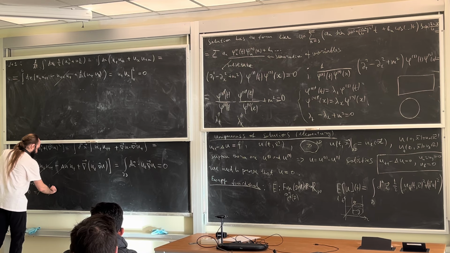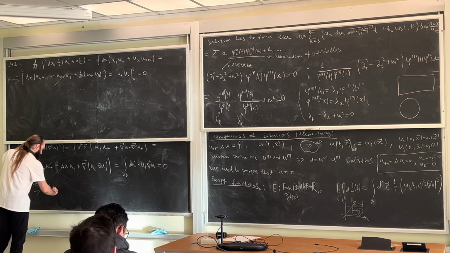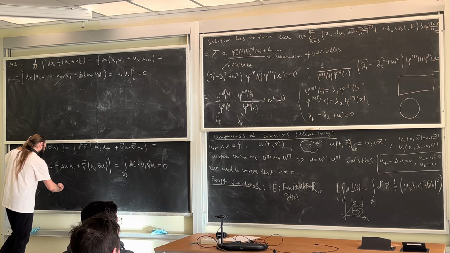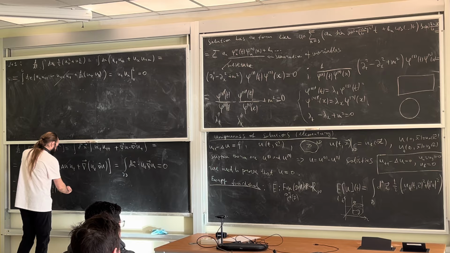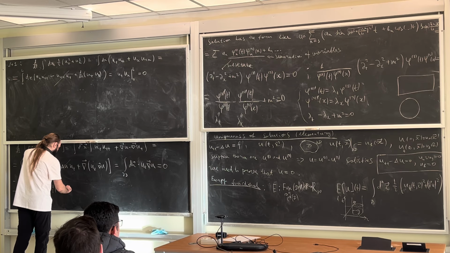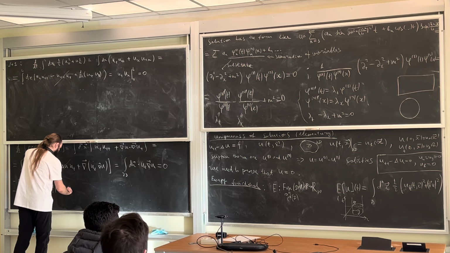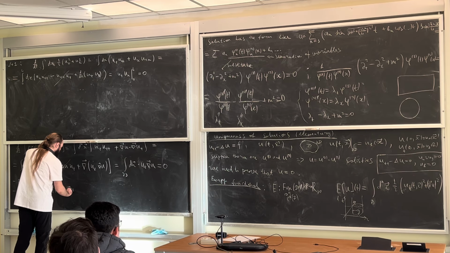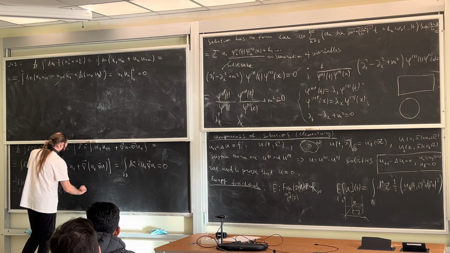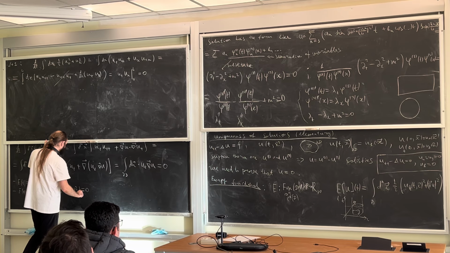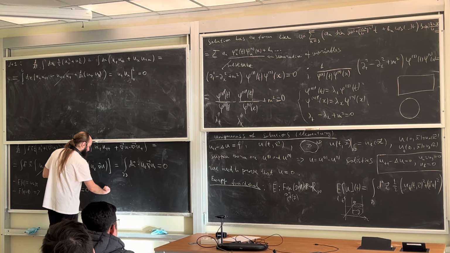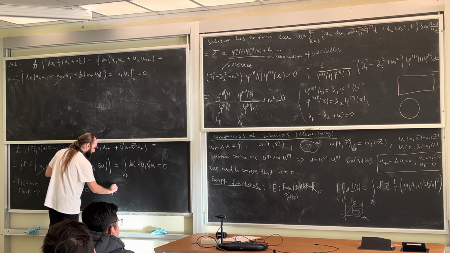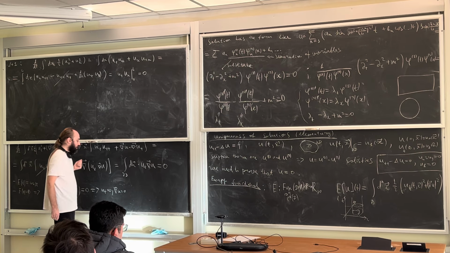So we know that the integral of 1/2 ut squared plus gradient of u squared equals 0, and therefore both ut equals 0 and gradient of u equals 0.